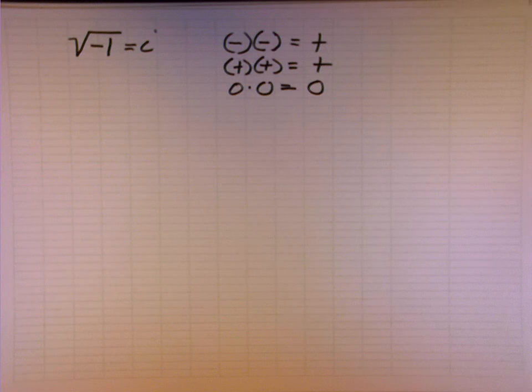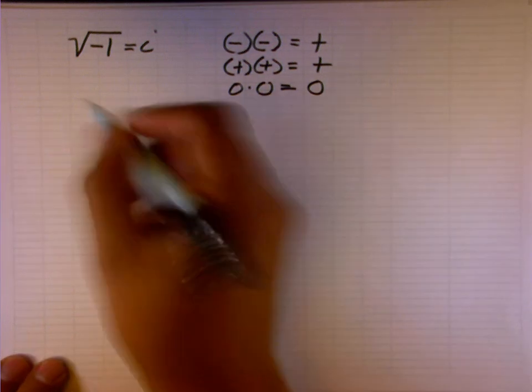However, even though it's imaginary, it has some properties that are consistent with all other numbers. For instance, I have an equation here. I should be able to add, subtract, multiply, divide, or take any exponent to both sides of that equation. I'm going to take this equation and square both sides. Let's take a look at this.